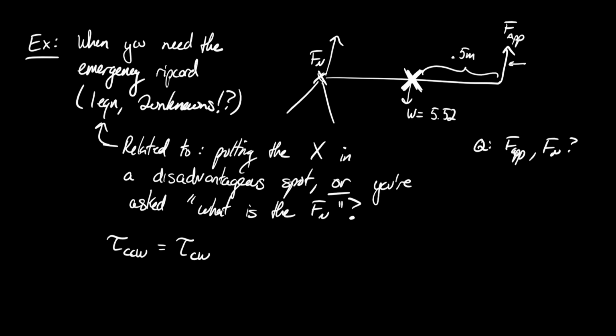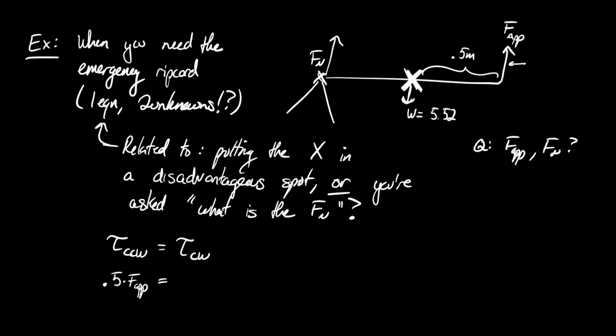Because the distance from the x to the force has changed. So we have 0.5 times FAP, and that is the only counterclockwise force acting. Okay, the weight force is now on top of the x, so its R is 0.